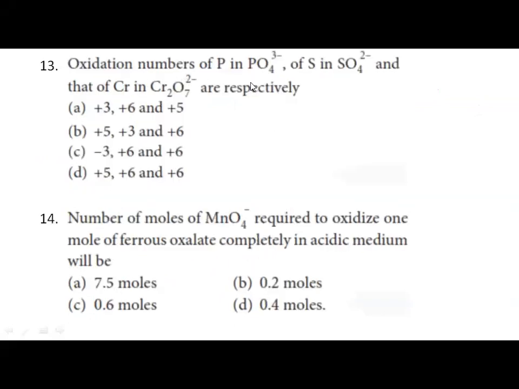Next question. Oxidation number of phosphorus in PO4 minus 3, sulfur in SO4 minus 2, and chromium in Cr2O7 minus 2. Here only we will do it and check.